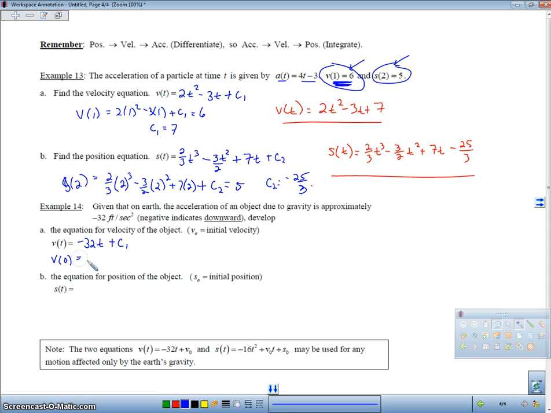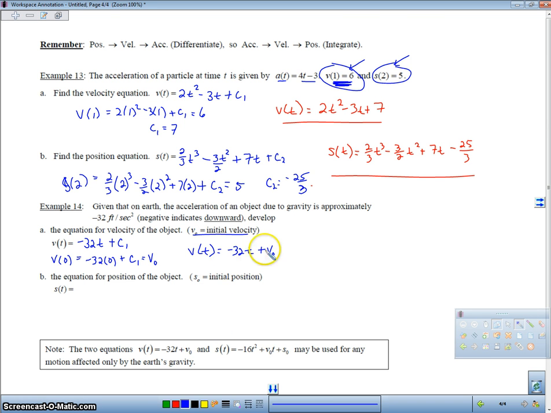It's when my time is 0. What is my c? Well, we're just going to call it v sub 0 for initial velocity. So our velocity expression, v of t, is going to be negative 32t plus v sub 0.